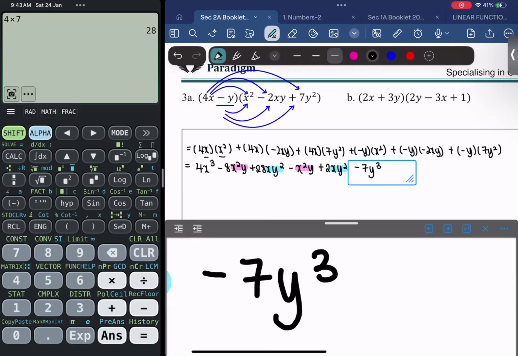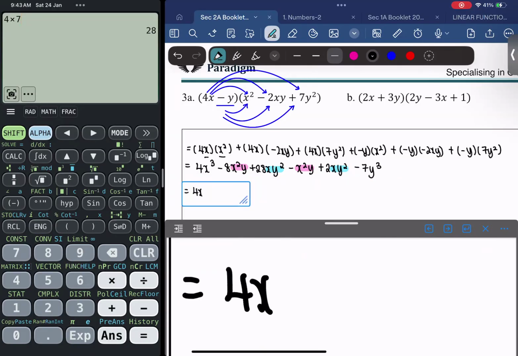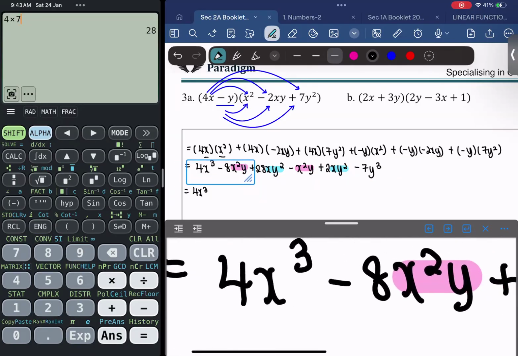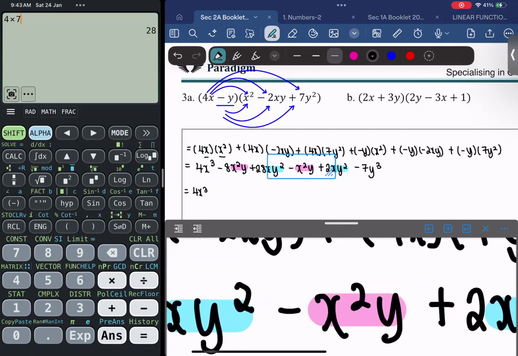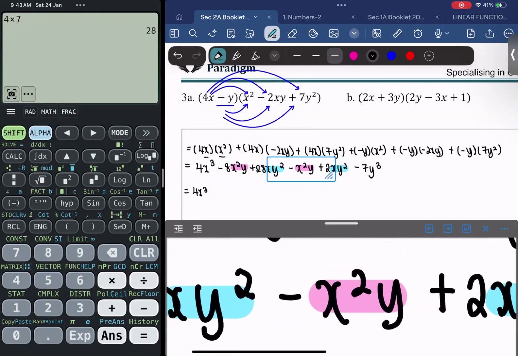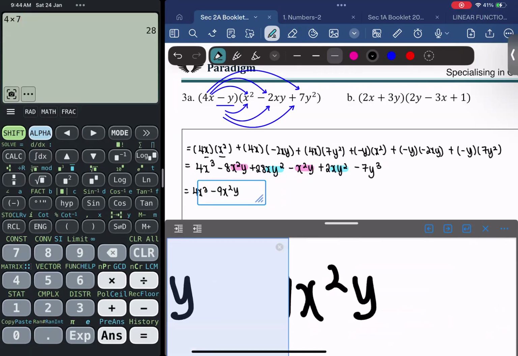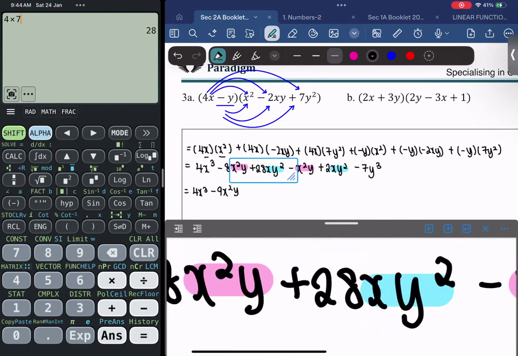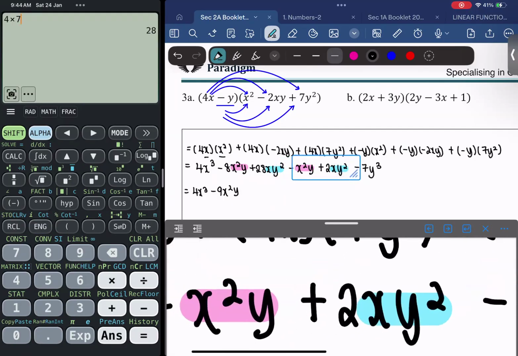Okay, then after that, you can combine the same terms together. So 4x cubed, negative 8x squared y minus x squared y, so we have negative 9x squared y. Then 28xy squared plus 2xy squared, what do you have?